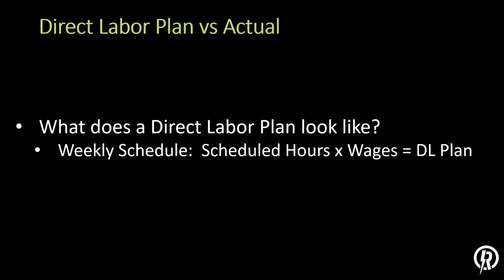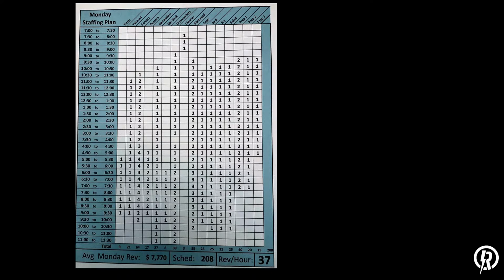Look at you. Amazing. Okay, so here's what a direct labor plan, a staffing plan, might look like on a Monday. Not on a Tuesday, on a Monday. So here's a Monday staffing plan. It's broken down by 30-minute increments, right down the list there. And then across the top, we've got jobs that we're going to need.